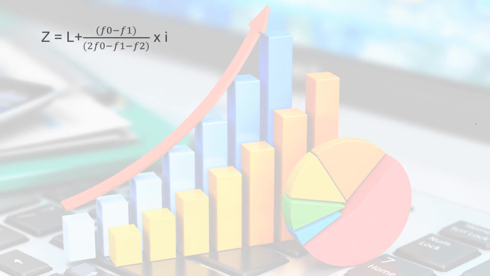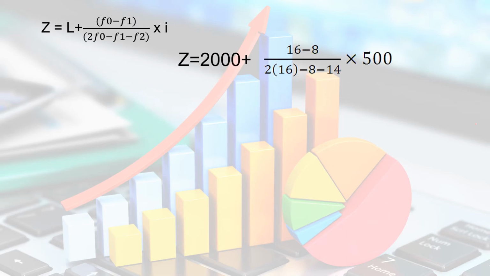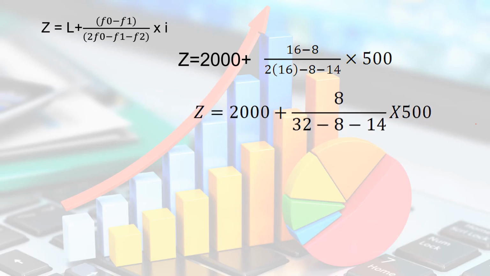We apply this formula, Z equal to L plus (F0 minus F1) divided by (2 into F0 minus F1 minus F2) into I. As we have seen already, given data: L is 2000, F0 is 16, F1 is 8, F2 is 14, and I is 500. Then 16 minus 8 gives the numerator 8.